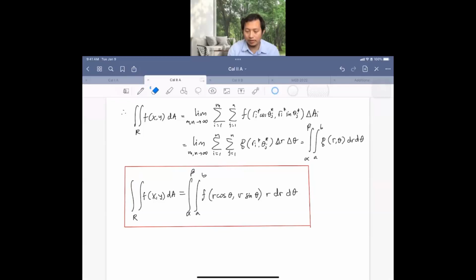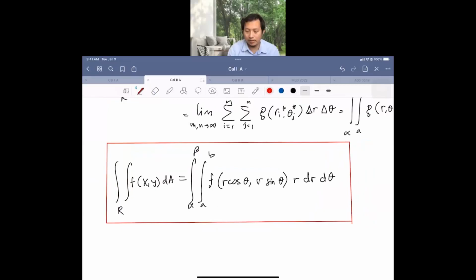So what this formula means: if we want to convert the double integral from the left one, then we convert x to r cos theta, y will be r sin theta.